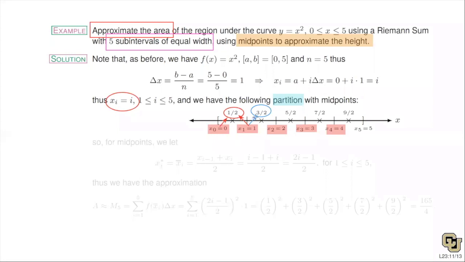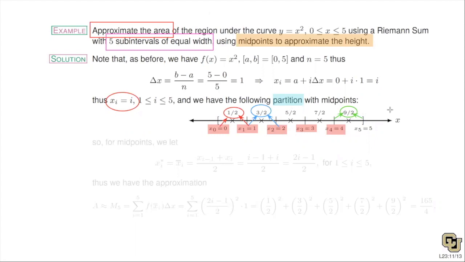So the average of 1 and 2: 1 plus 2 is 3, divided by 2 gives me 3/2, and so on and so forth. Here, this last midpoint, once I find the partition, I can simply eyeball it. I can literally just look at it and calculate the midpoint.